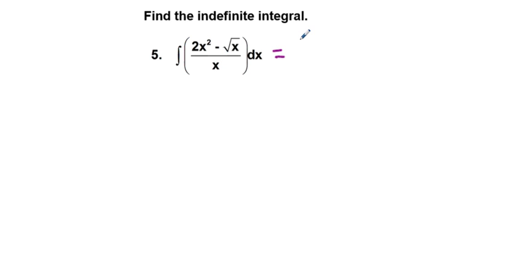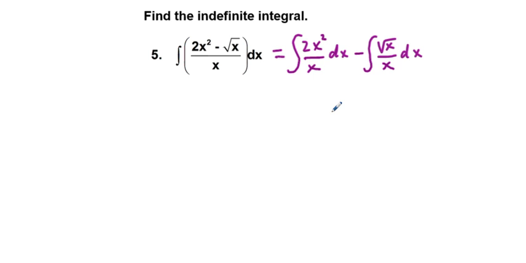So we have the integral of 2x squared over x dx minus the integral of square root of x over x dx. So we've separated this fraction out.